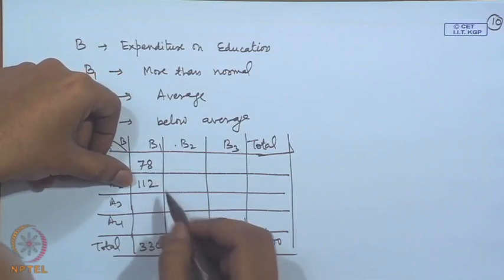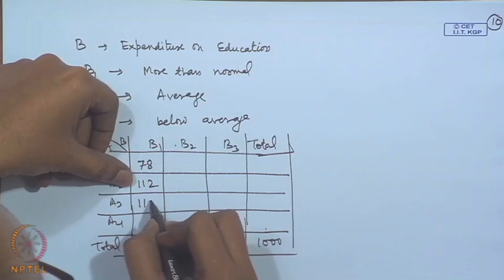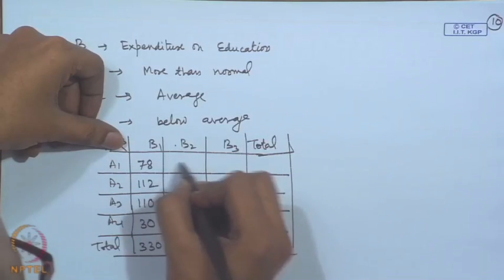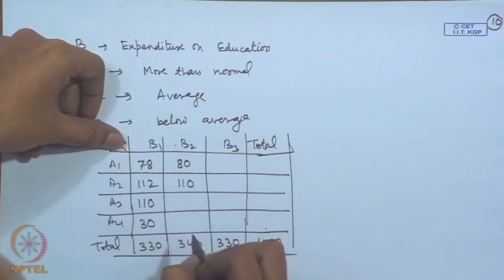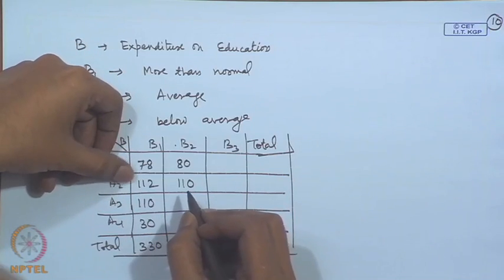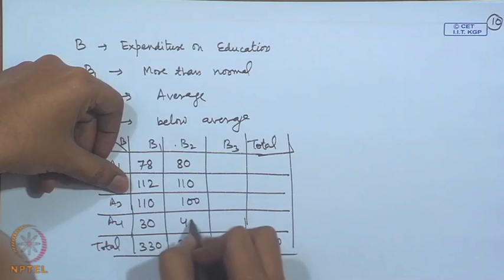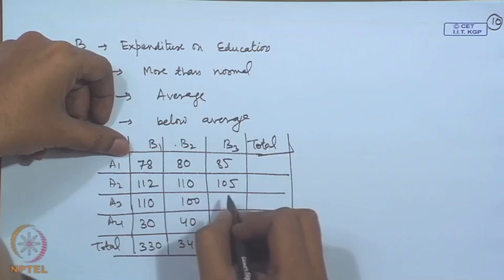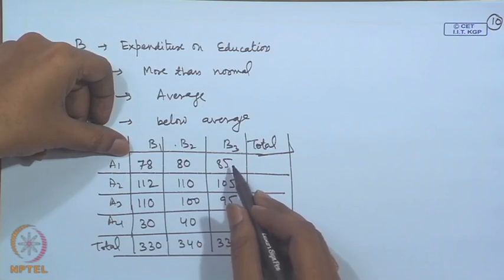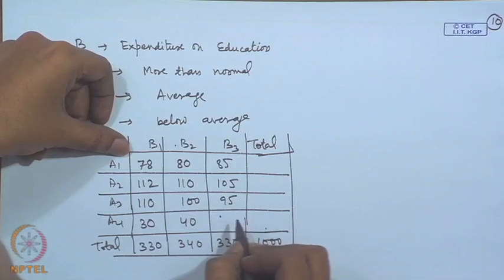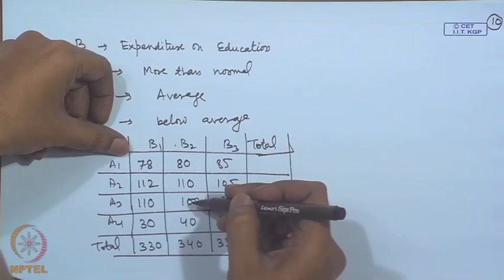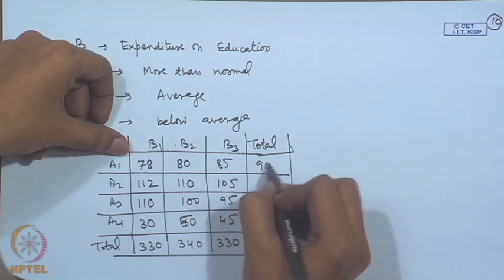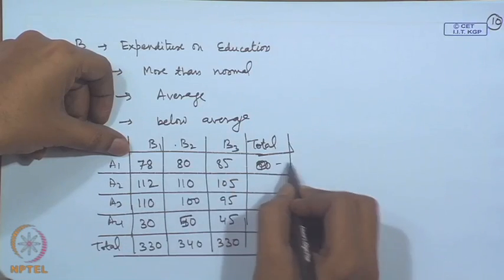So, this is 190 plus 110, 30, 80, 110, 100, 40, 85, 105, 95, 140, 50, 90. So, these totals will add up here.